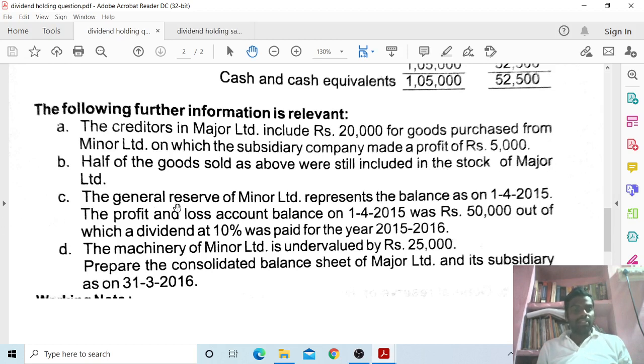The general reserve of Minor Limited represents the balance as on 1/4/2015. The profit and loss account balance on 1/4/2015 was rupees 50,000, out of which a dividend at 10% was paid for the year 2015-16.